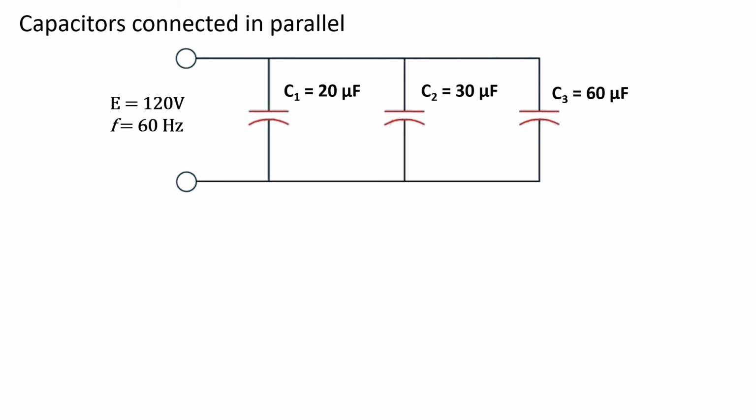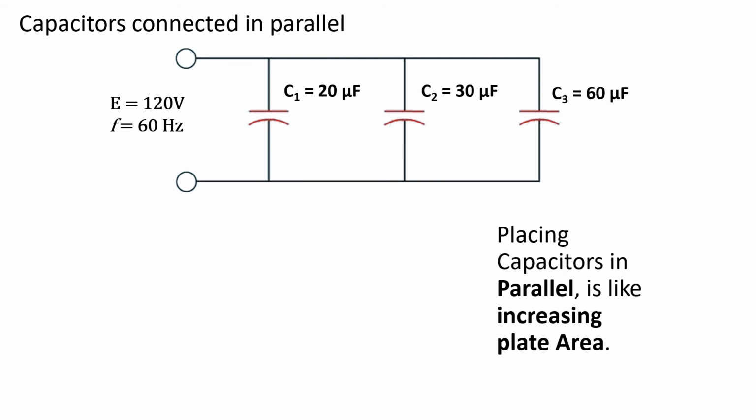How about capacitors in parallel? Well, as we add capacitance in parallel, it's like giving us more plate area to store more charge, which results in more capacitance, or more capacity to store charge.